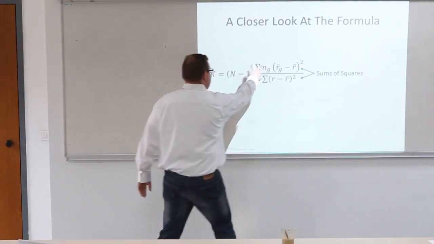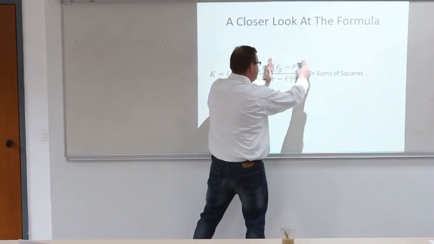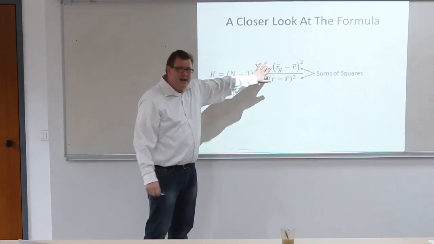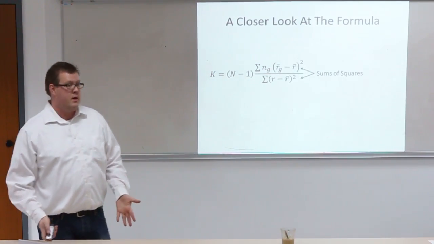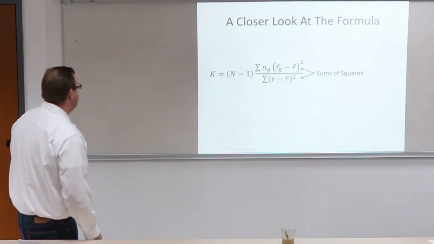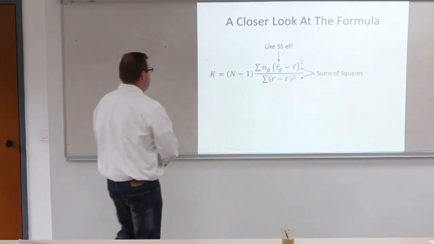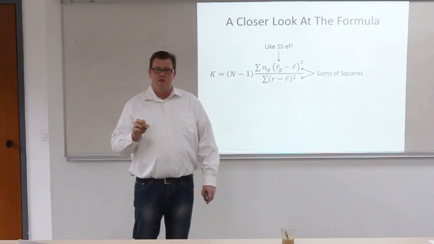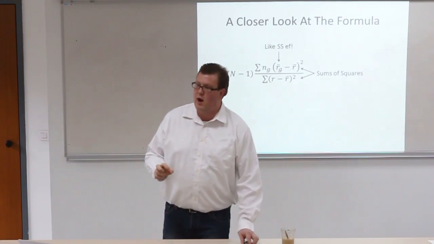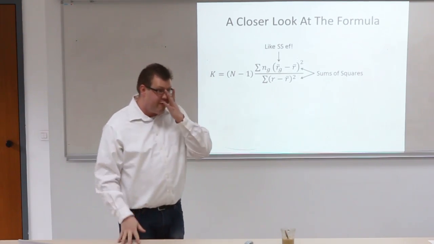Right? You are taking a sum of something that you've squared. This is a weighted sum of squares, but it's still a sum of squares. So we have two sums of squares. And this is sort of like the sum of squares for our effect. Remember when we were doing ANOVA and we wanted to get the sums of squares for our effect?